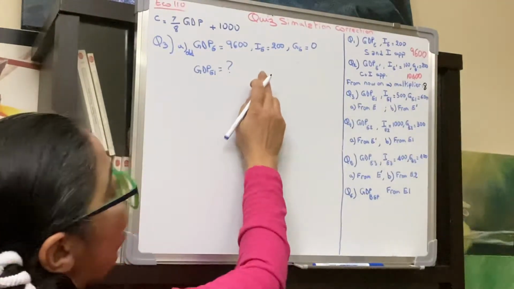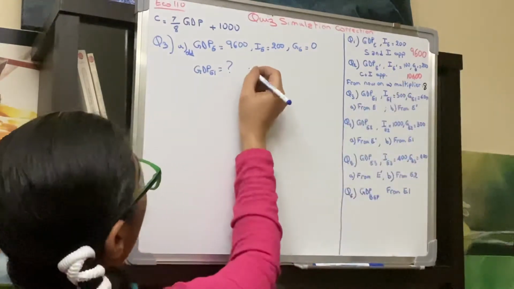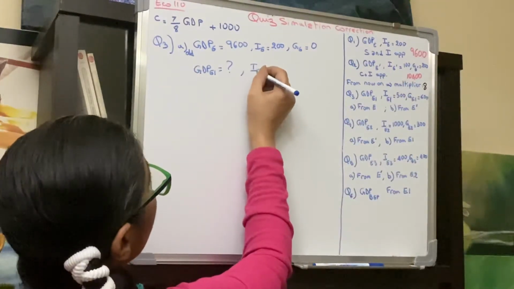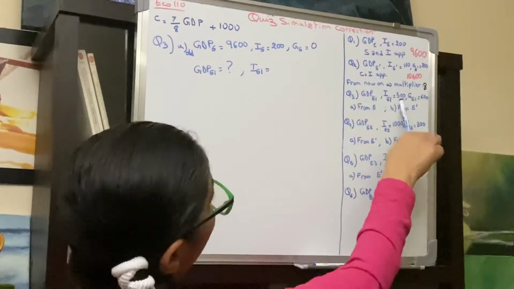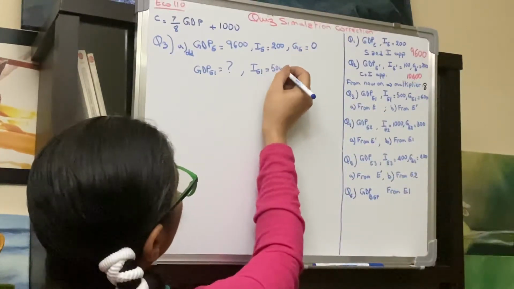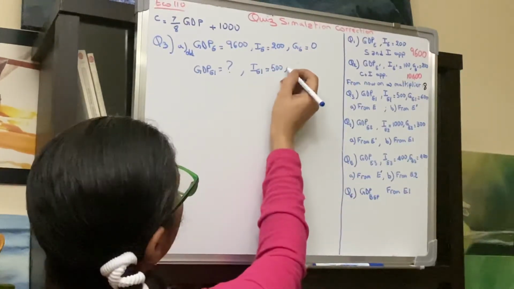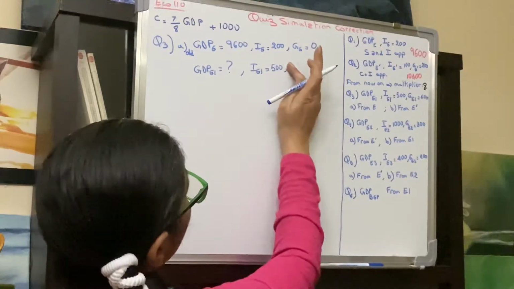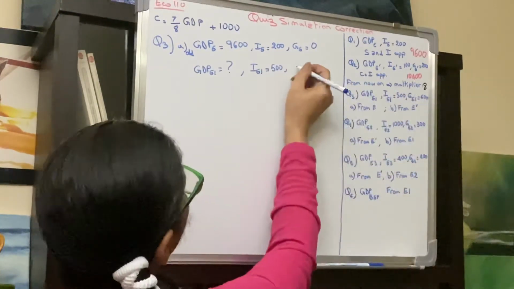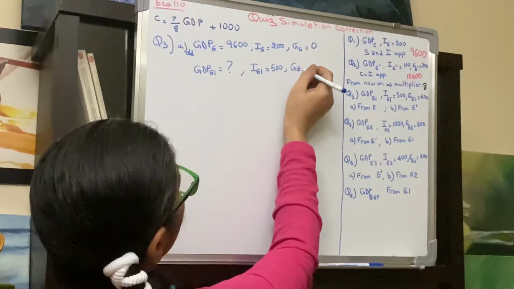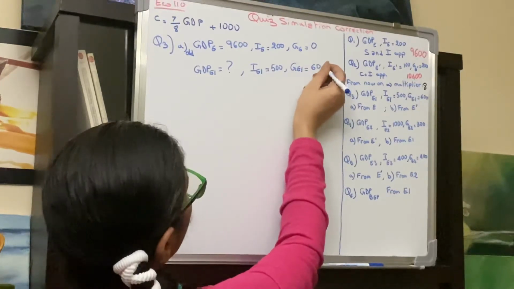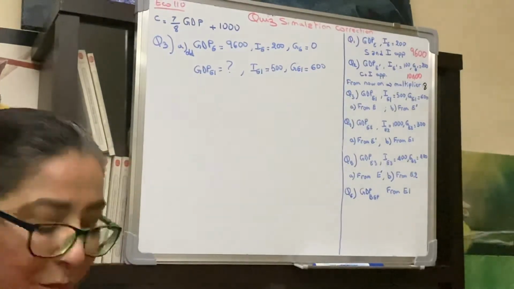But I need to write my data. So I at E1 is equal to 500 and G at E1 is equal to 600. Okay?